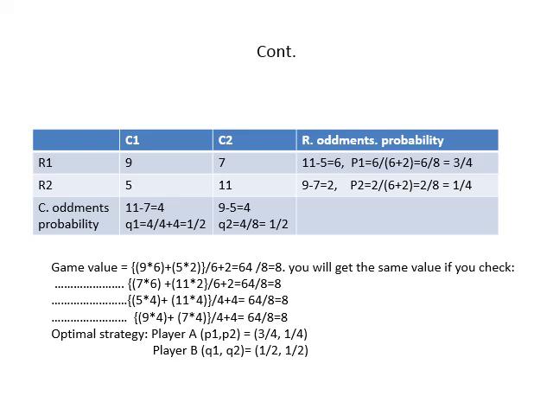Between high value and low value, that's why 11 minus 5 equals 6. So we replace the difference between values in R2 as R1 oddments.